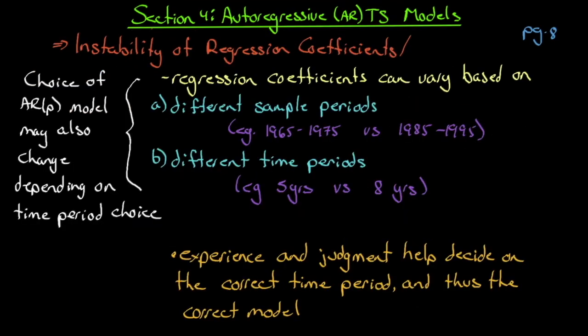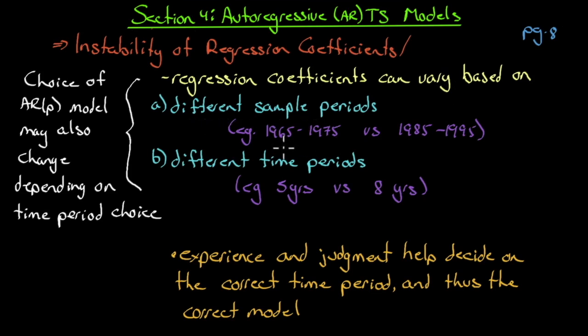And finally, we'll discuss something called the instability of the regression coefficients. This has to do really with our selection of the time period from which we select our time series. Regression coefficients can vary based on different sample periods.